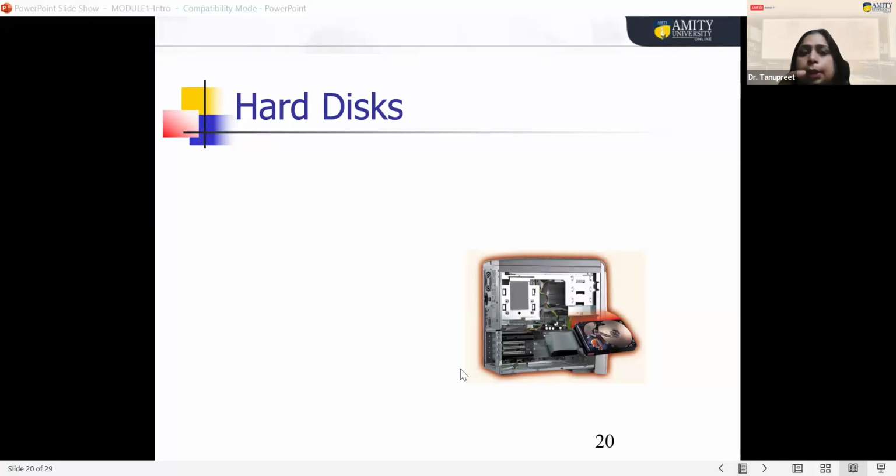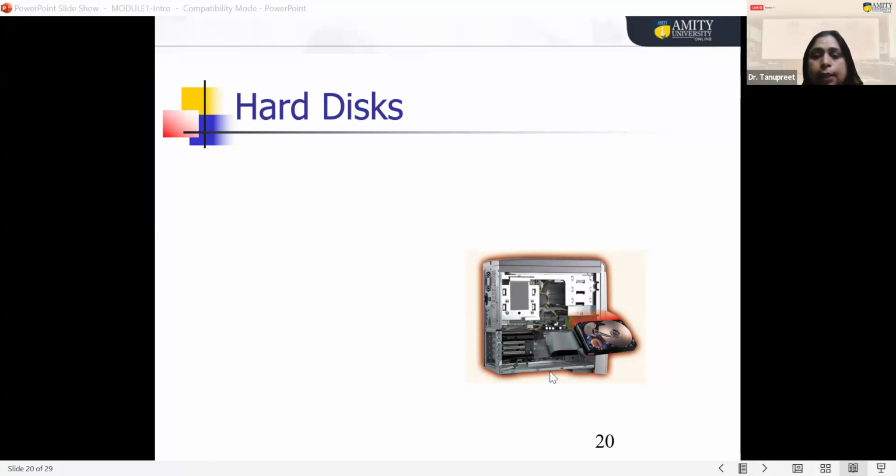It is one and the same thing. If they're asking you about primary storage, then it should be RAM or ROM. But if they're asking about secondary storage, then it can be a hard disk. Nowadays we are not using all these secondary auxiliary storage devices, but we teach them because you should know from where you have evolved.